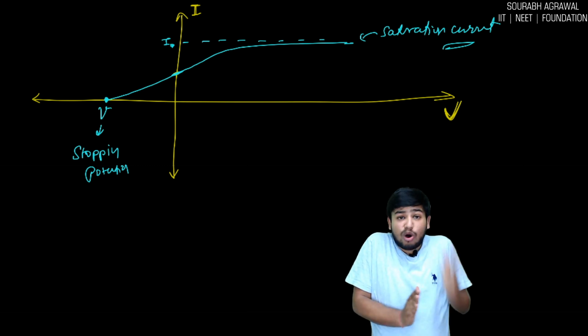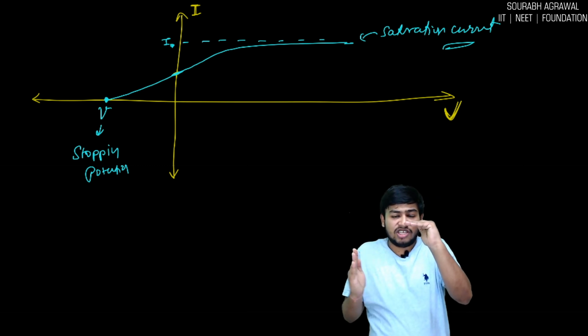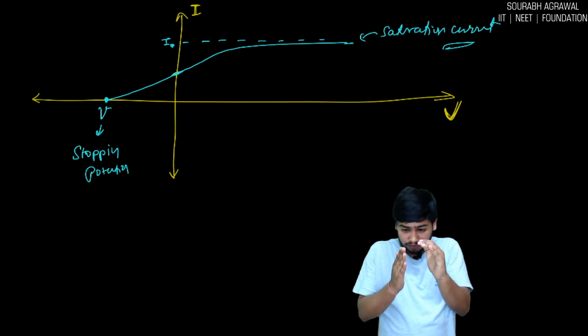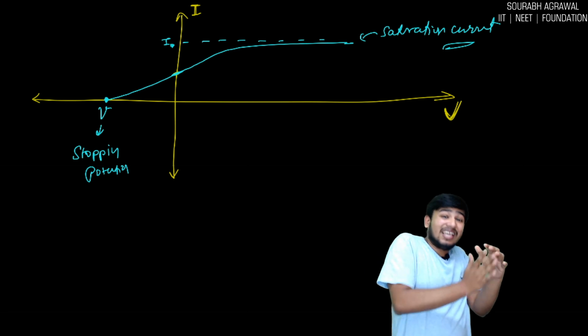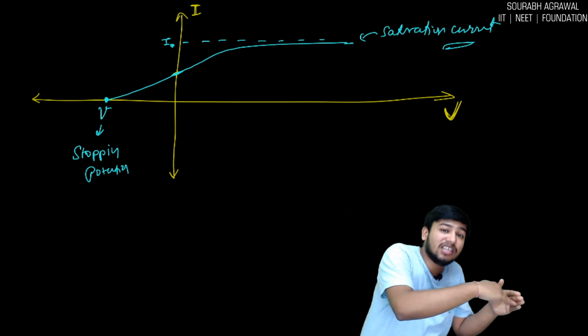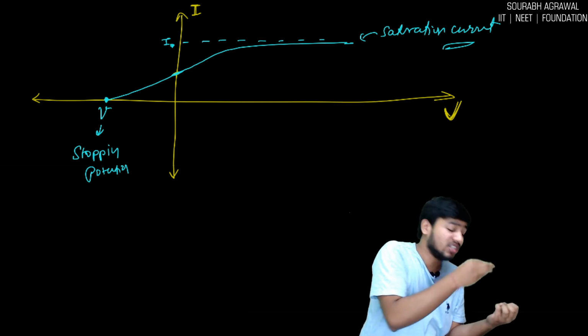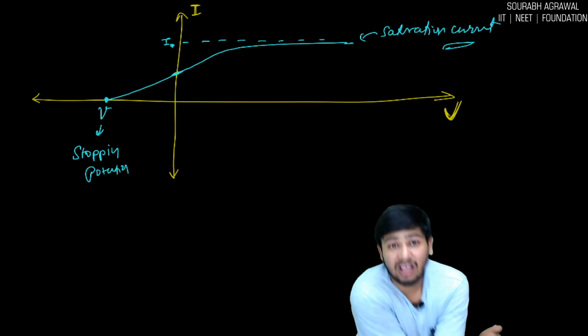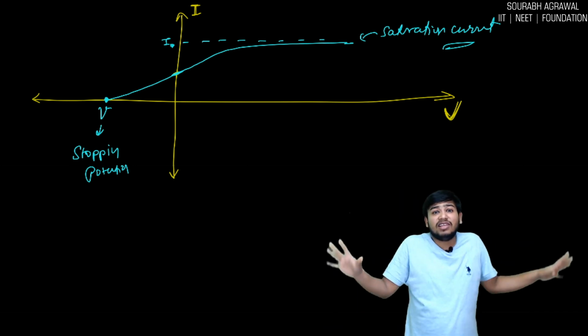When potential is 0, the current is something. When potential increases, the current increases till some limit. And when the potential is made negative, the current decreases, and for some negative potential the current is 0. That potential is known as the stopping potential. Are you getting the feel of what is happening?